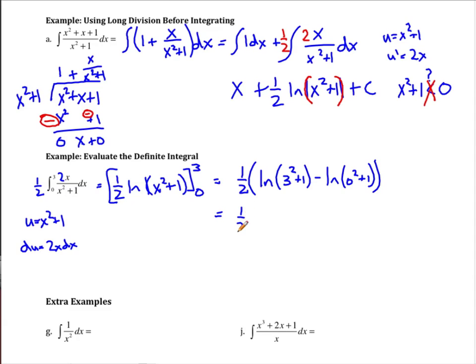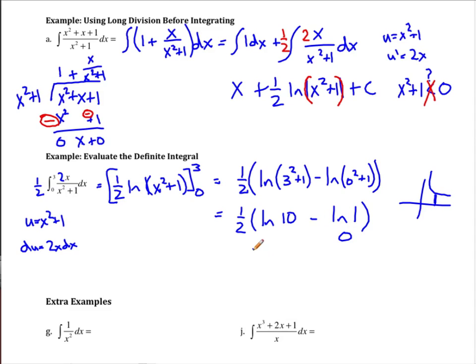And so this is 1/2 times the natural log of 10 minus the natural log of 1. Okay, and we know that the natural log of 1, remember, it's going to be from 1 to 1, and so this actually equals 0 here.